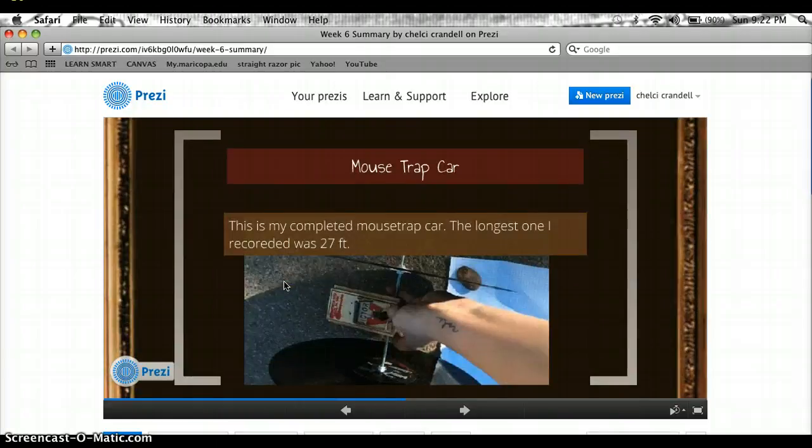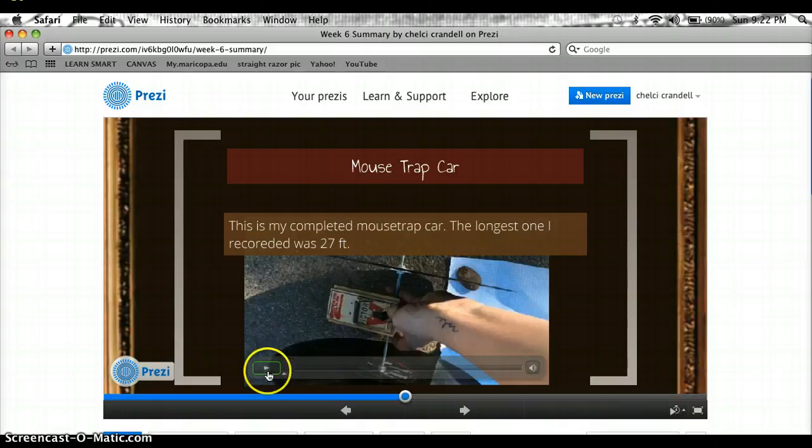So this is my mousetrap car, and the longest one that I recorded was 27 feet on the gravel, but when I did it in the gym, it went all the way to the other end.